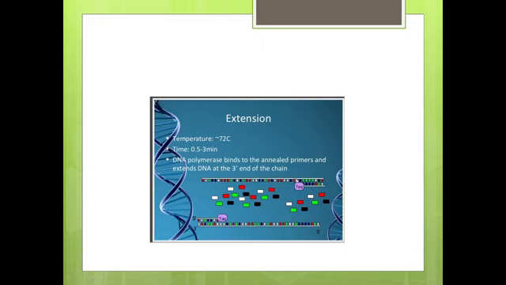So it will read the template strand. It is a DNA-dependent DNA polymerase, actually Taq polymerase. It will read the sequence of the template strand and add the complementary deoxyribonucleotides on the new strand.